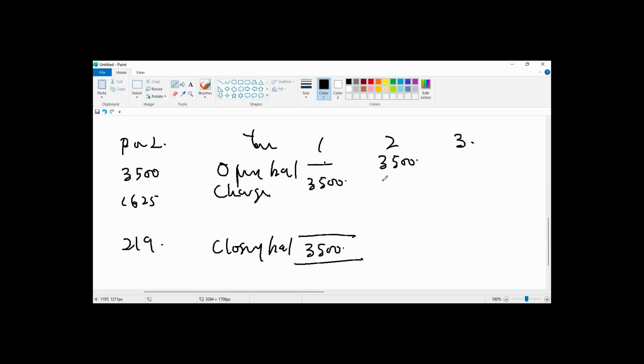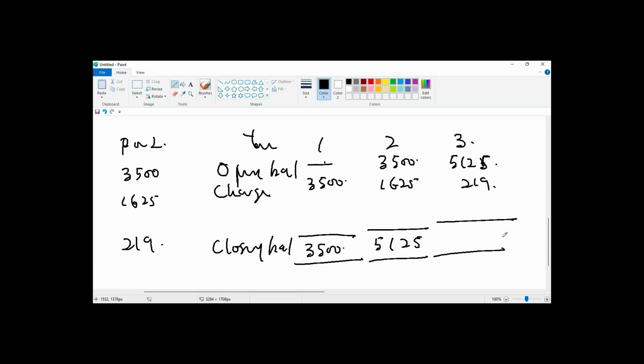A charge of 1625, giving 5125, the closing balance in year 2, which is the opening in year 3. A charge of 219, 5125 plus 219 is 5344.